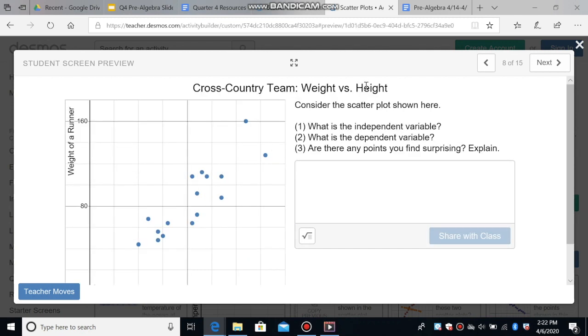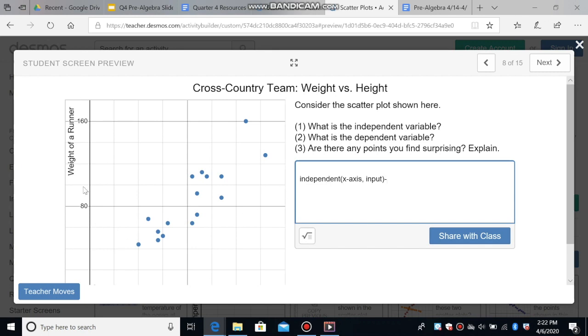Cross-country team, weight versus height. Consider the scatter plot shown below. What is the independent variable and what is the dependent variable? Are there any points that you find surprising? Explain. So remember, my independent variable is what I would see on my x-axis and is my input.